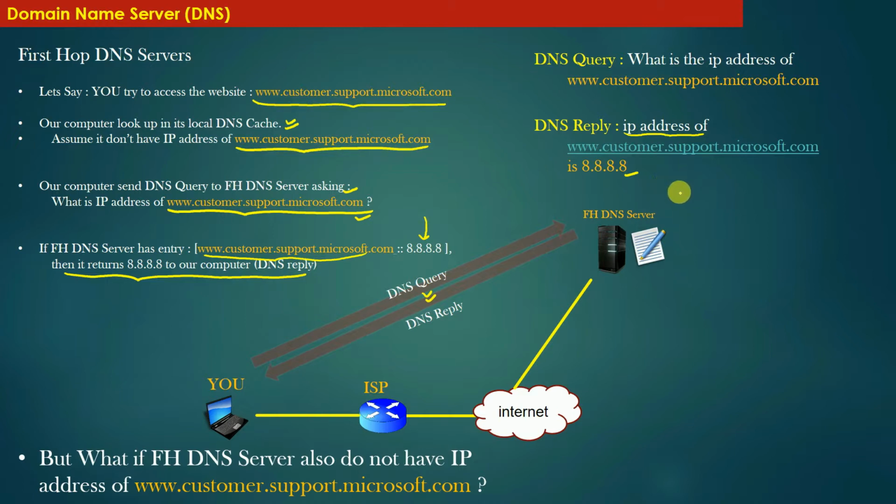So you can see that if the First Hop DNS server has the IP address of the requested website in its local cache, then it replies back with the DNS reply conveying to our machine the IP address of the requested website. But now what if the First Hop DNS server also does not have the IP address of the requested website www.customer.support.microsoft.com? What will happen? Let us try to understand this scenario next.